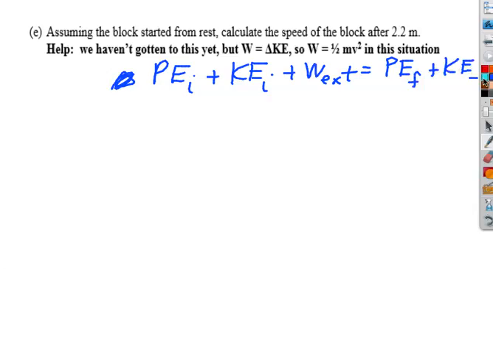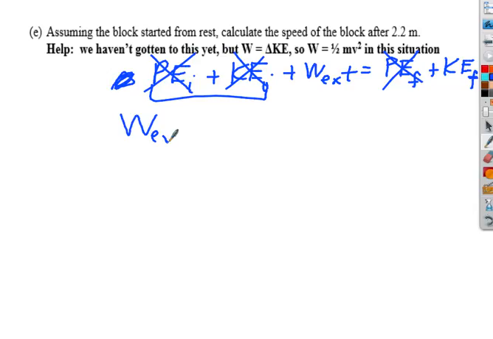This is a good problem to look over just because we can go in detail. You probably don't need to go this much detail when you actually do the problem. We know we're on a horizontal surface, so potential energy doesn't change. Even though it says we're on a table, it's not going to change. So we get rid of that. The object started at rest, so the initial kinetic energy is zero. You can see we started with zero mechanical energy. So there must be some sort of work for the object to receive energy.